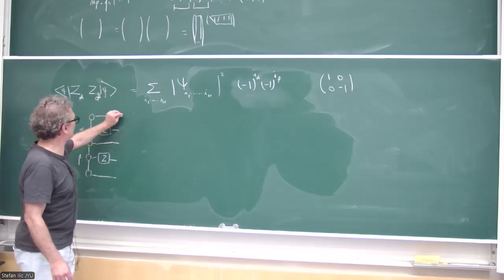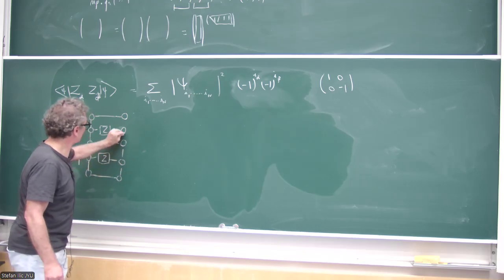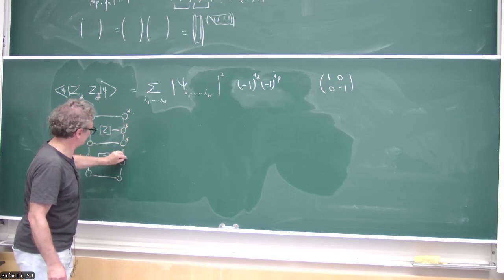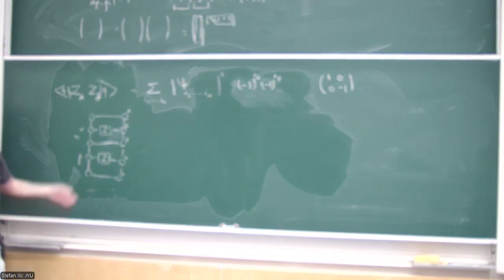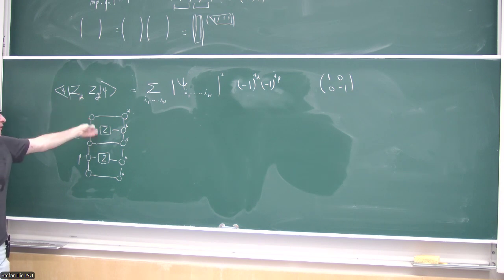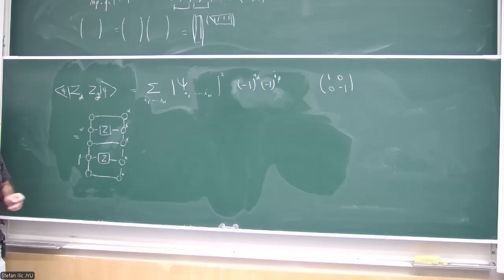And I put a copy of my MPS on the other side, which I complex conjugate. Here I just chose Z, but if I put an X, it also works. Then I have 2 copies of psi. I'm just lazy to write the expression. So we just need to contract this.